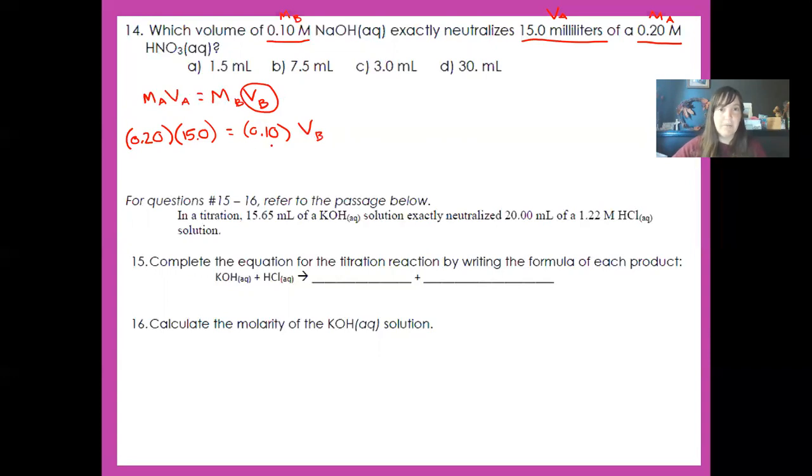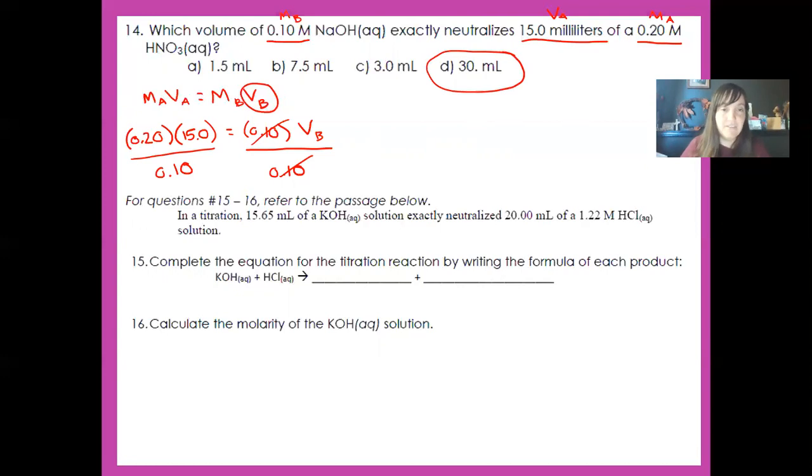So to get this variable by itself on one side of the equal sign, we'll divide both sides by 0.1. So VB equals 0.2 times 15 over 0.1. You can do that in your head. I got 30. So choice D.